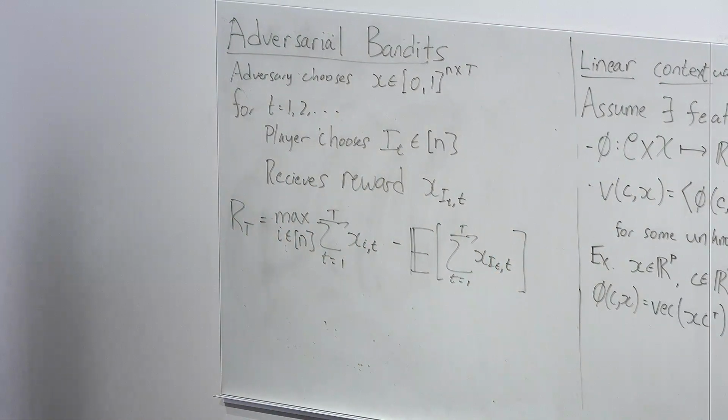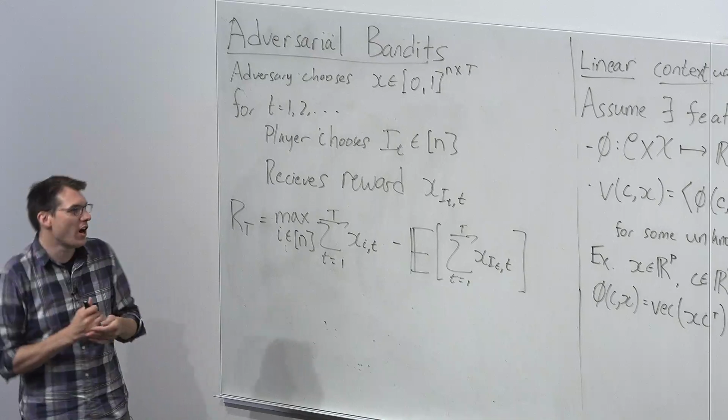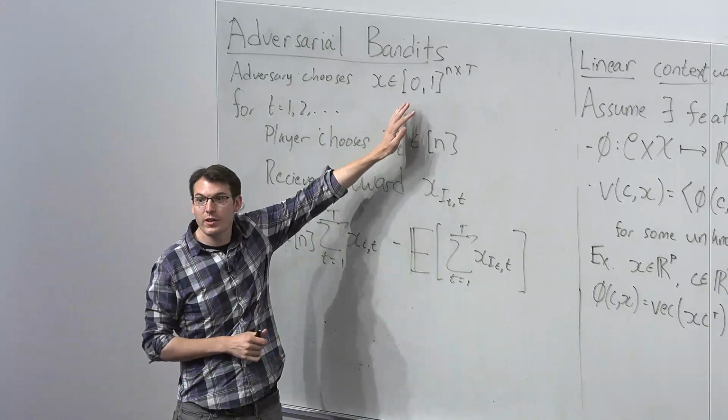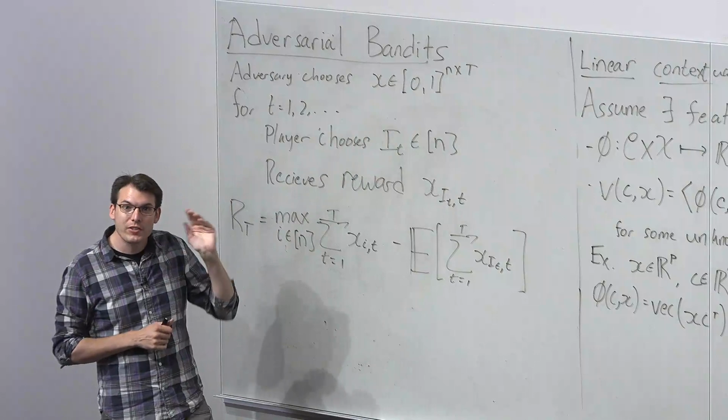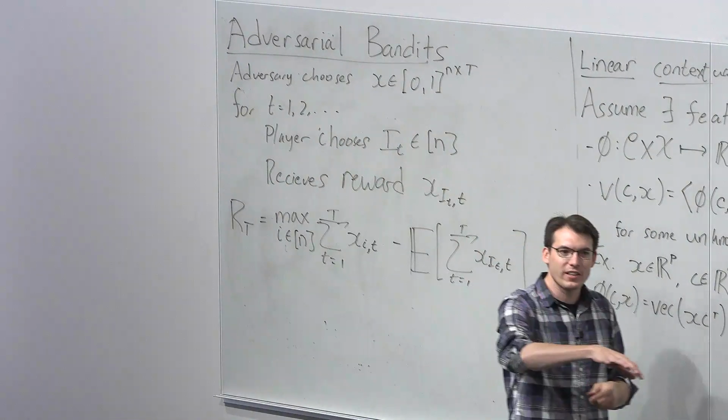So, in adversarial bandits, also known as non-stochastic bandits, we have no assumptions on how the actions or the rewards are actually generated, other than that they're bounded in 0, 1. We call it adversarial bandits because we are assuming that the adversary can actually look at your algorithm.